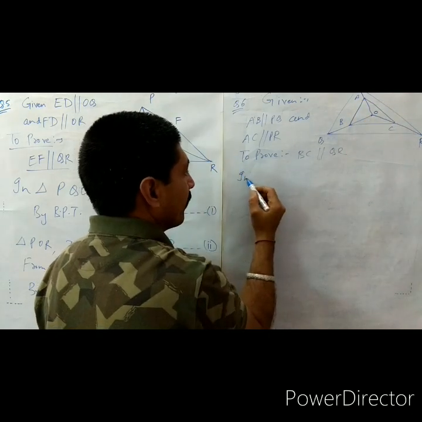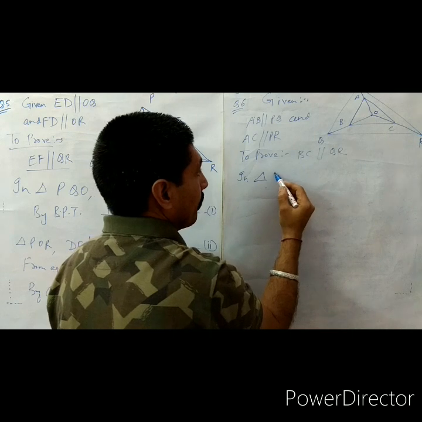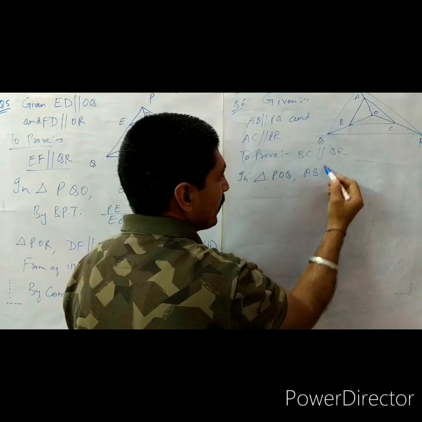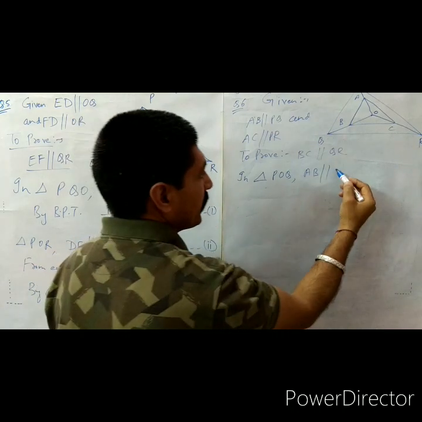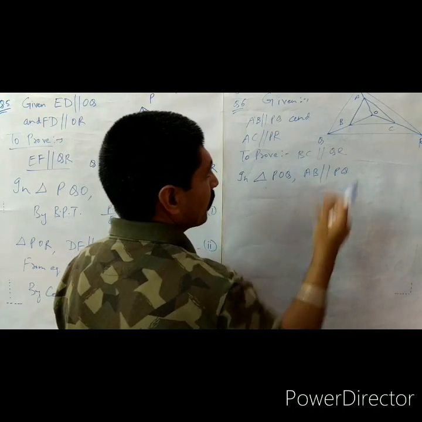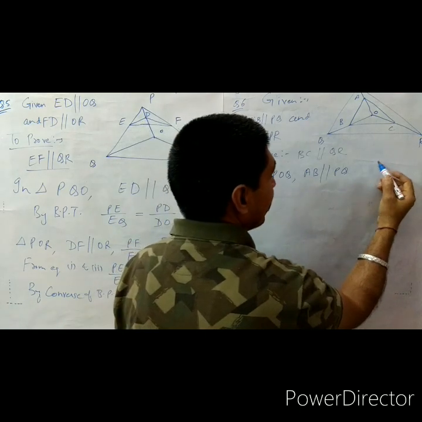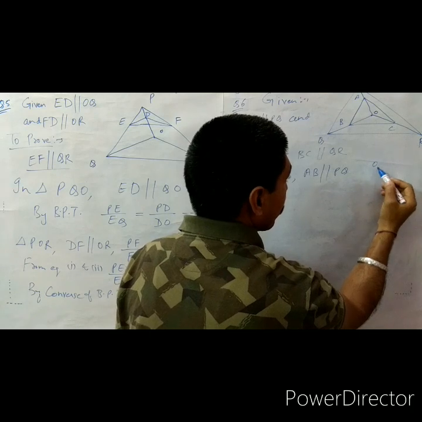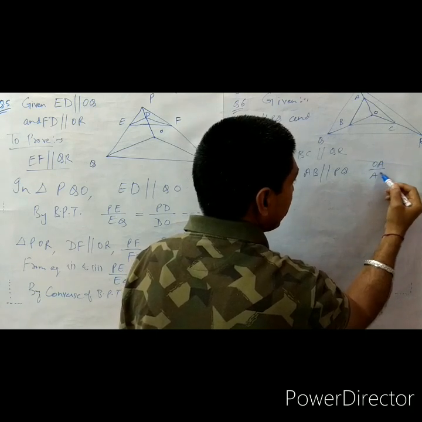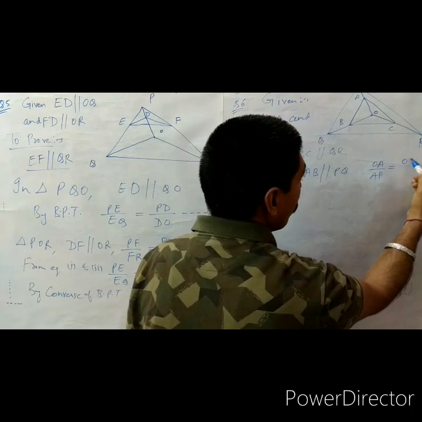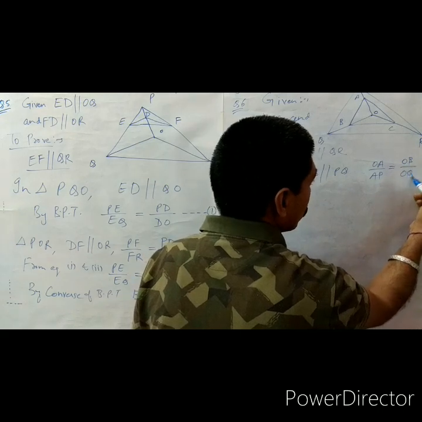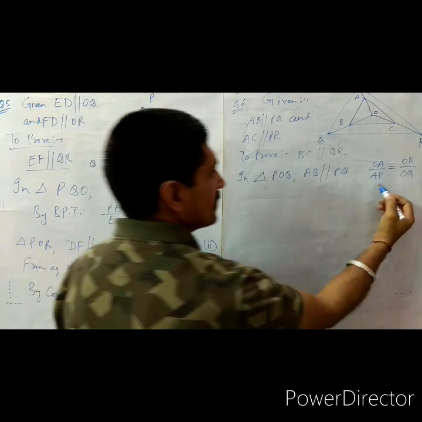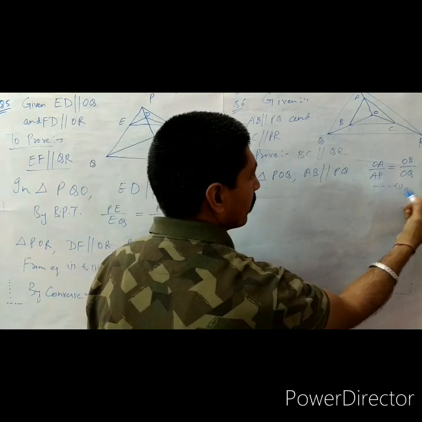In triangle POQ, AB is parallel to PQ. So by BPT we can write that OA upon AP is equal to OB upon BQ, and we'll take this as equation number 1.